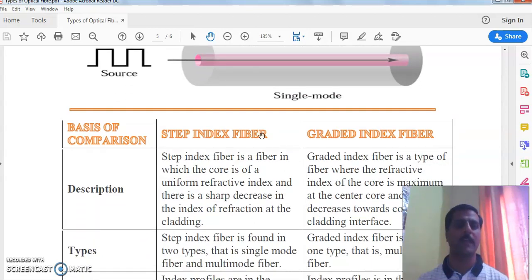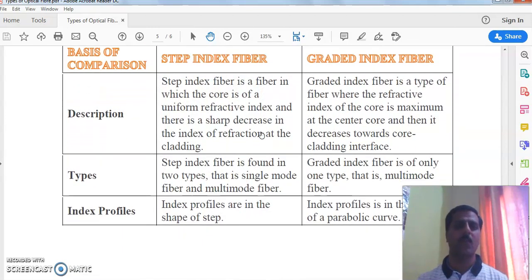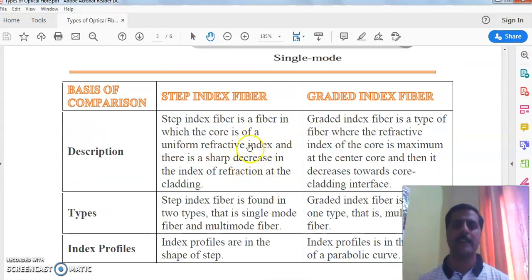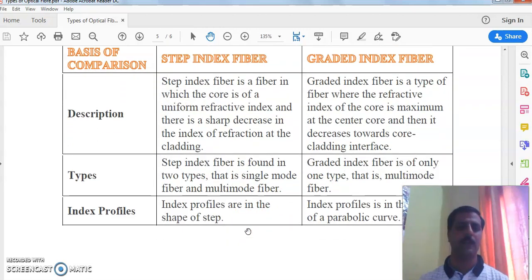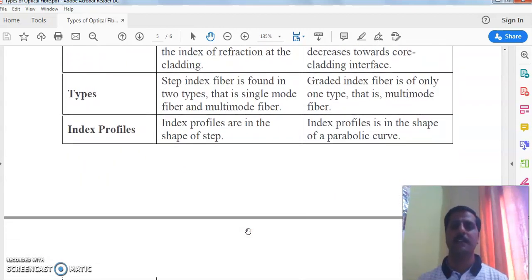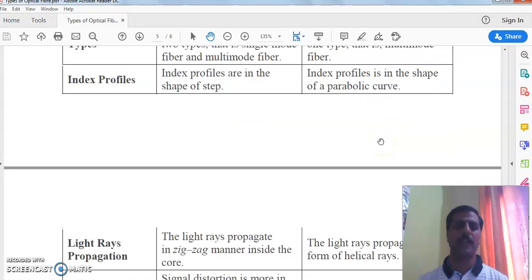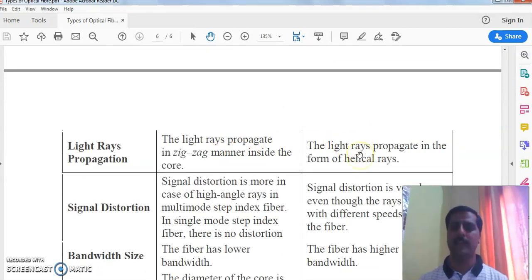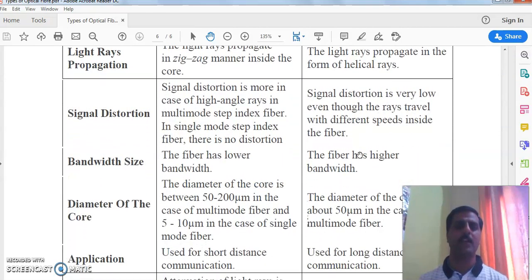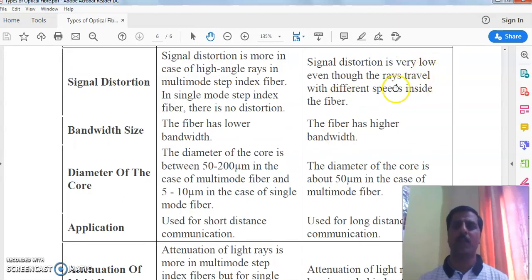Now we come to the comparison between these. One is the step index, where the variation of refractive index is like a step; here it is gradual. Types: here two types, graded index is only one type. Index profile: that is step and that is parabolic. Then light ray propagation: in this zigzag, in this helical. Signal distortion: that is very low in case of graded, and in case of a single mode there is no distortion.